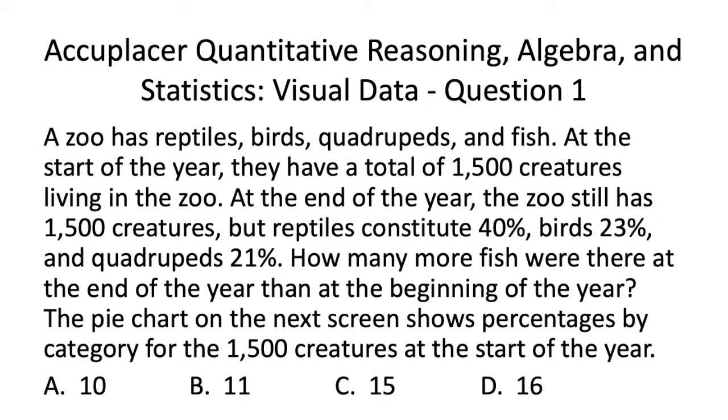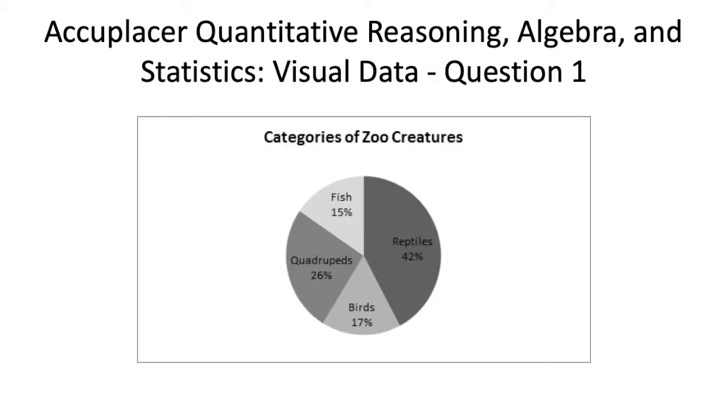Here is the Accuplacer QAS Quantitative Reasoning, Algebra, and Statistics Practice Question 1 on visual data. Now pause to read the question. The pie chart is shown on the next screen. Here is the pie chart. Now please pause to answer the question.